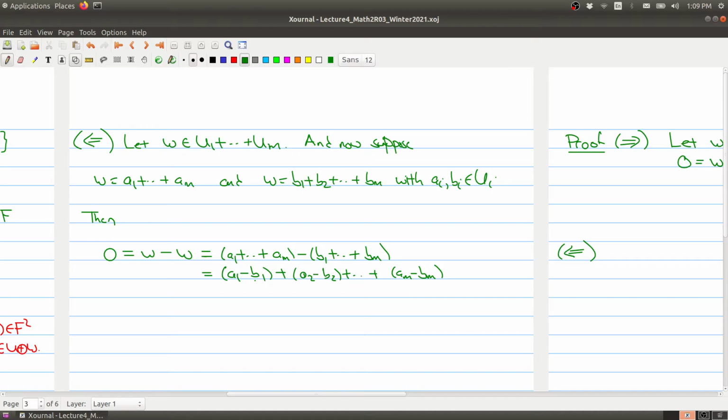Now each of these, like A1 minus B1, is in U1, A2 minus B2 is in U2, and so on.